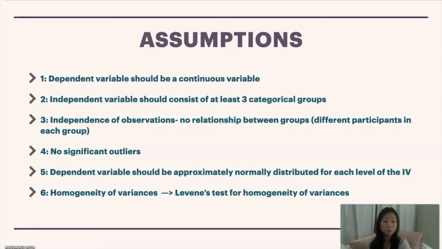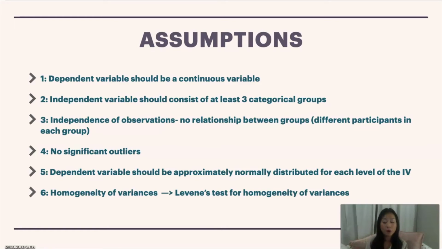This one you will be able to find when you run the ANOVA in SPSS, and the researcher can decide to remove that outlier if it is beneficial for the study. And then the dependent variable should be approximately normally distributed for each level of the independent variable. So this just means that we should see that bell curve for every single one of the groups.